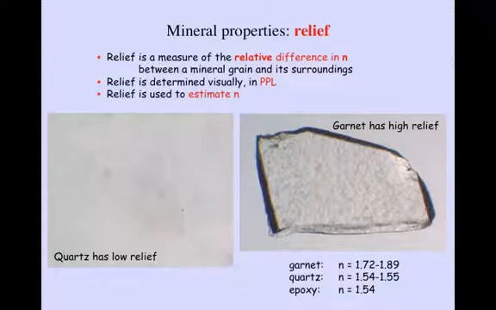Notice that quartz has a refractive index of 1.54 to 1.55. It's very close to the epoxy, and it has a low relief. Other minerals can have higher indices of refraction, or somewhere in between this quartz and this garnet, a whole range.